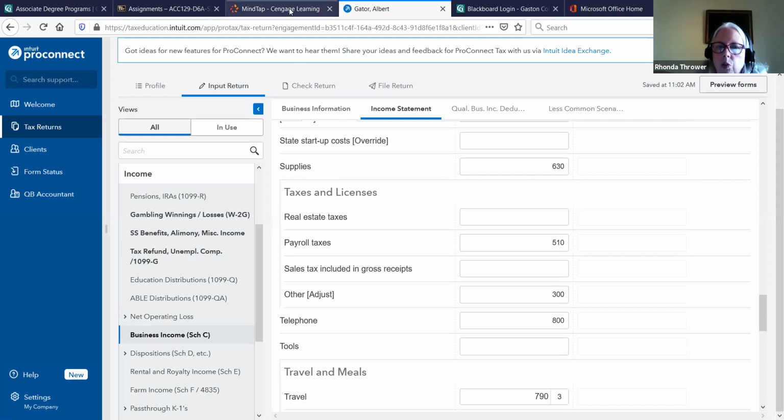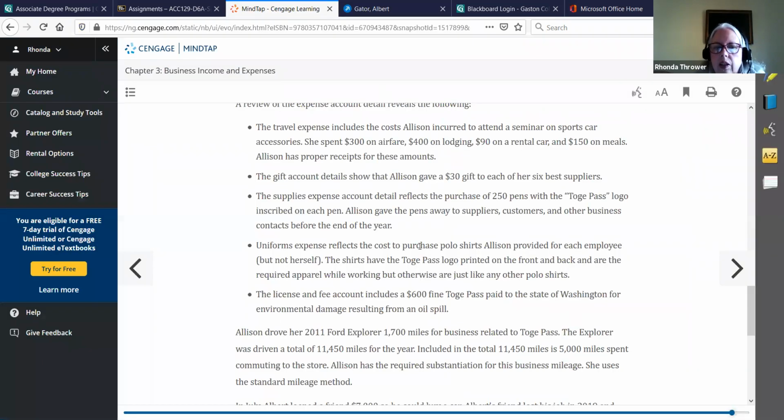So what I'm trying to say to you is that this right here is just additional information. It didn't really affect you in having to calculate something extra for your taxes. The uniforms expense reflects the cost to purchase polo shirts Allison provided for each employee, but not herself.